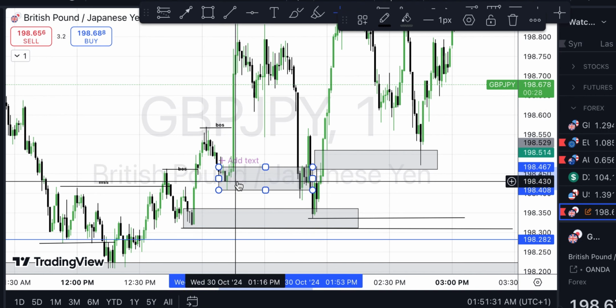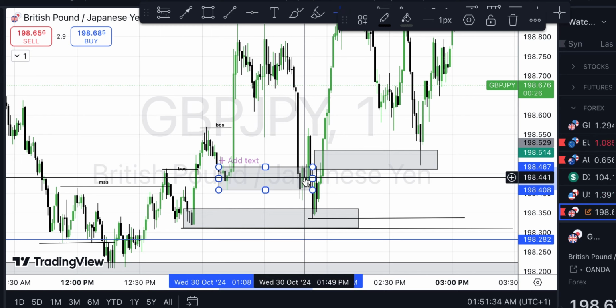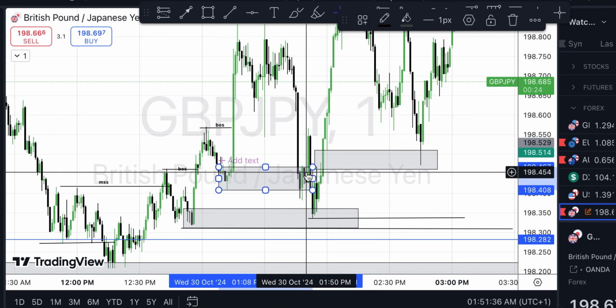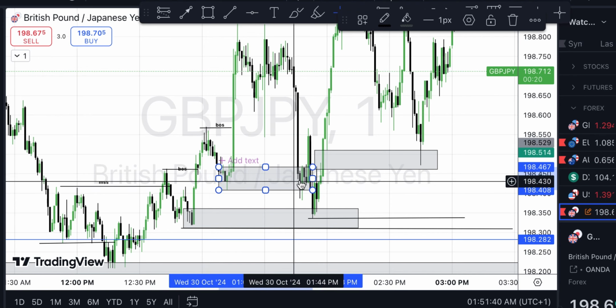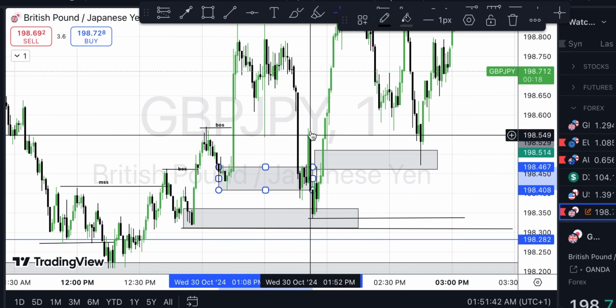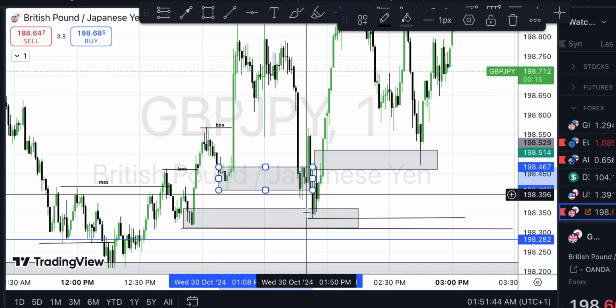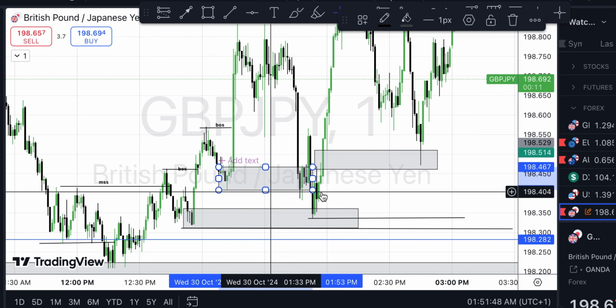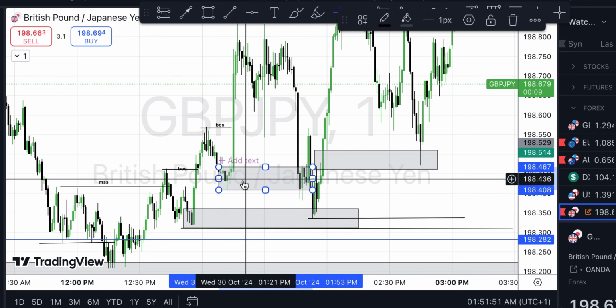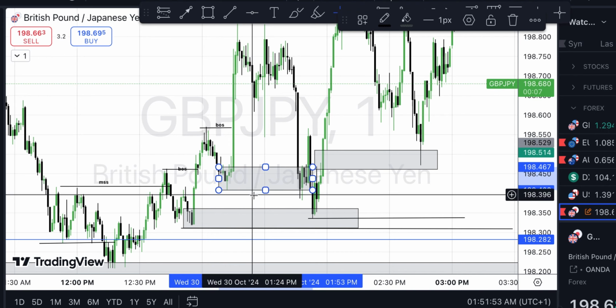Definitely you can see that when price got to that zone, price acted as if it wanted to react from this zone. Then price came back and cleared people that entered from here.